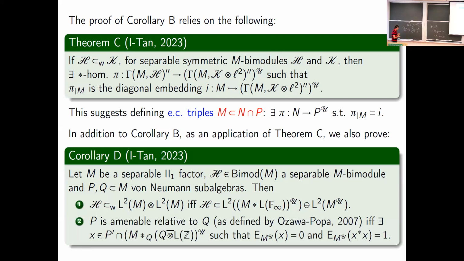And secondly, we also get a characterization of relative amenability in the sense of Ozawa and Popa.